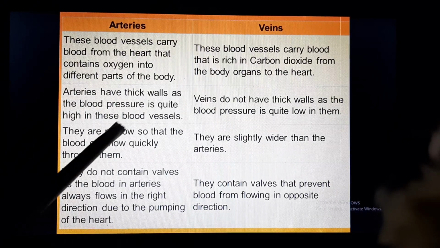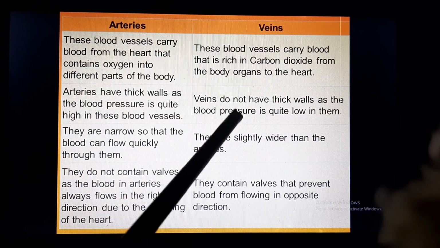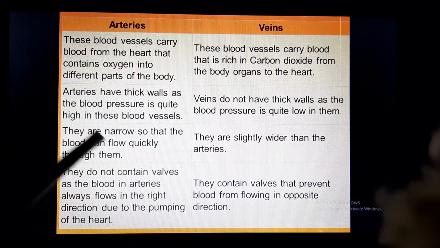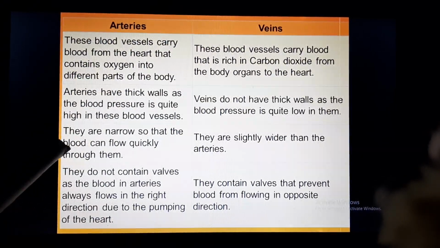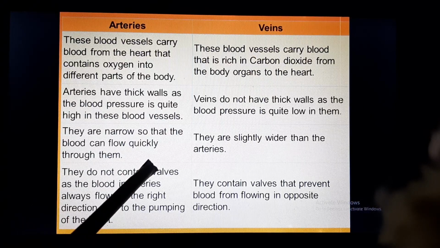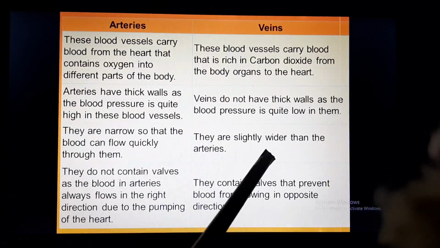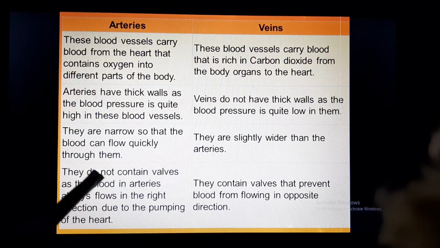In arteries the blood pressure is high, that is blood is running with a high pressure, whereas in veins blood is running with a low pressure. Arteries are narrow because they are thick walled, and blood is flowing quickly at a faster rate, whereas veins have thin walls, therefore they are wider and blood is flowing at a slower rate.